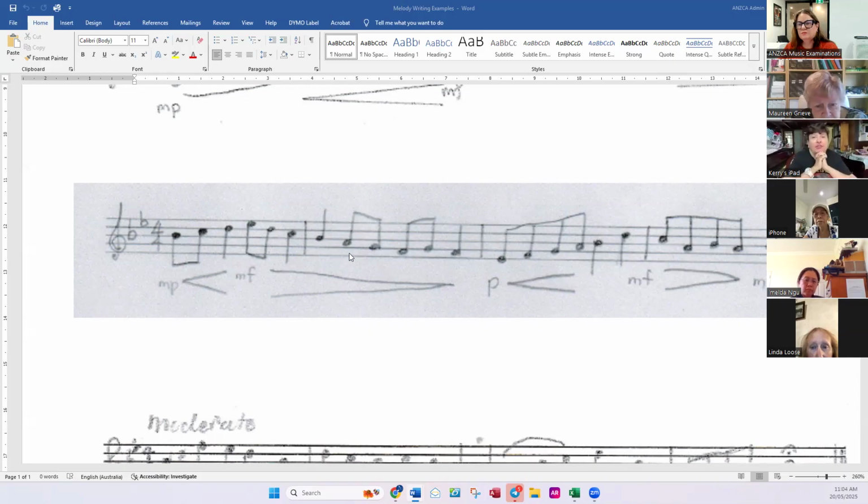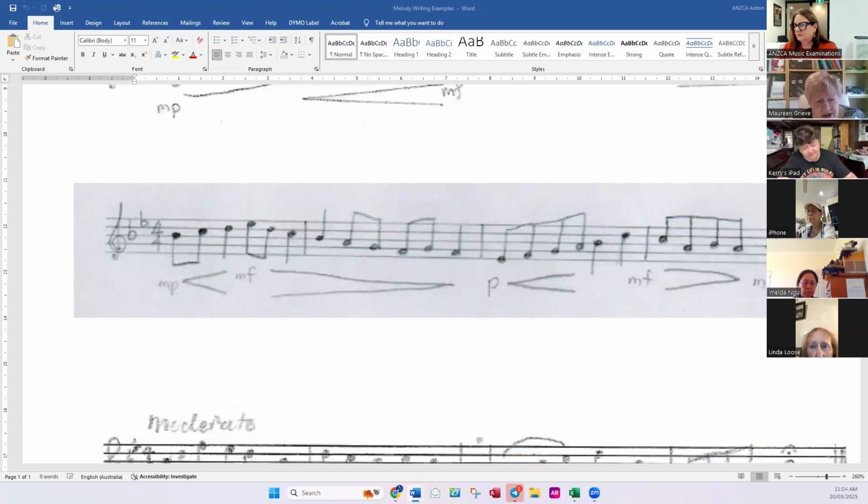Maureen, could you consider the A as an accented passing note? While they don't know about this, it could be such. You could, Kerry, but I think at grade 3 level, you and I would consider it as an accented passing note, but they don't know about it.